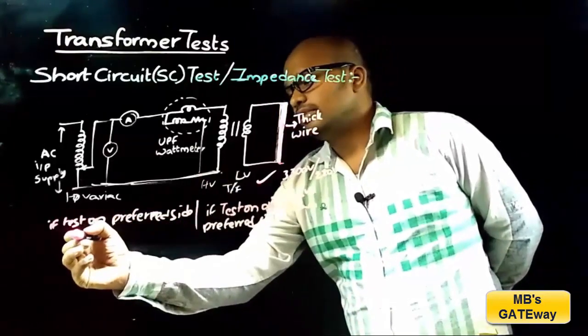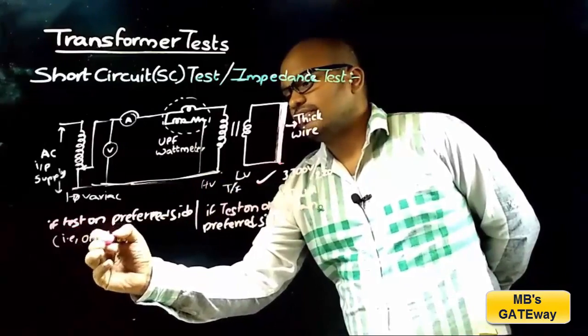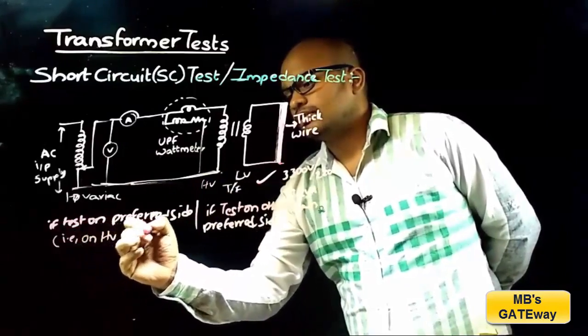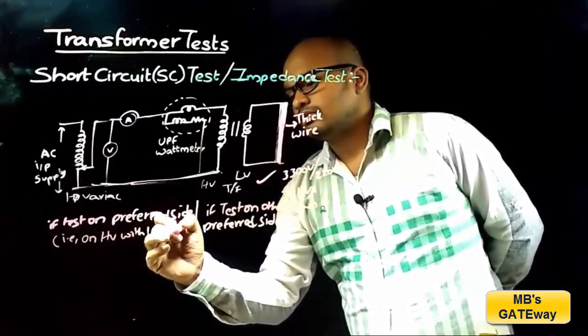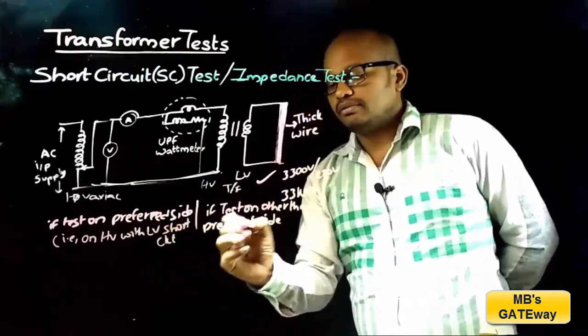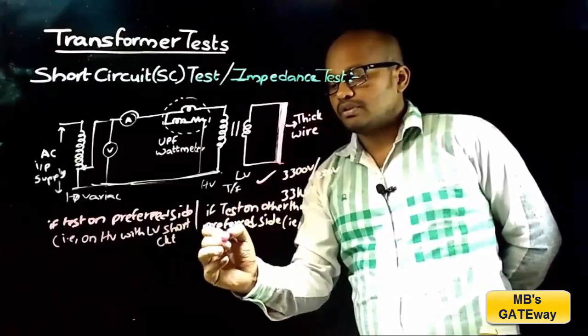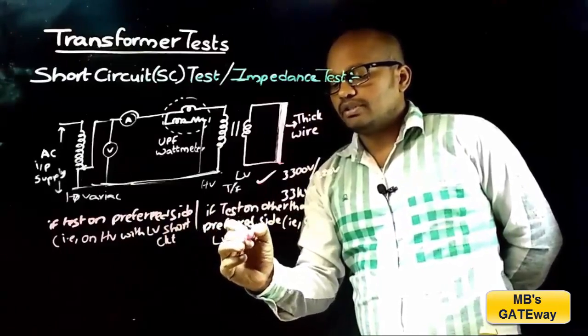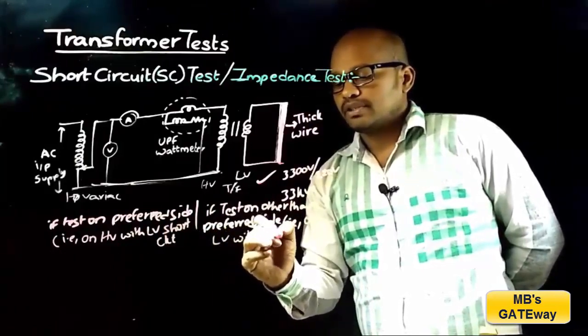That is, here on HV with LV short circuit, and here on LV with HV short circuit.